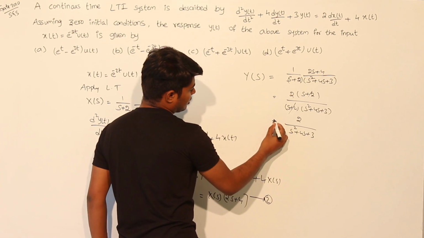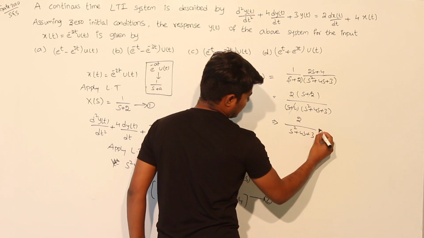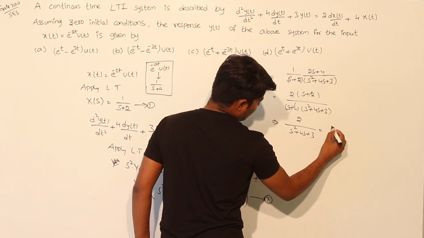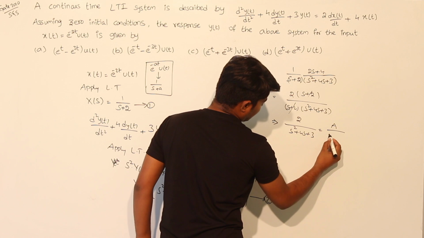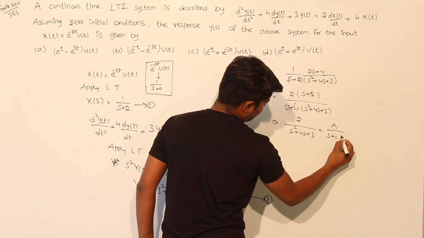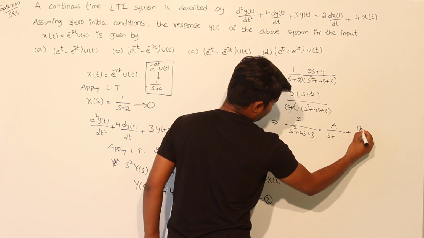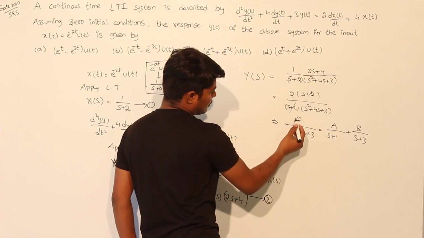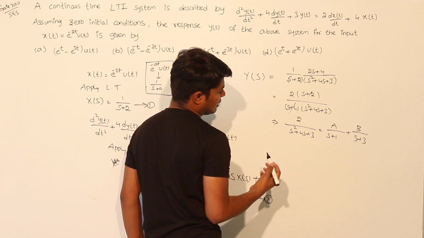This you can write in terms of partial fractions. That is equal to a by s plus 1 plus b by s plus 3. In terms of partial fractions, if you solve this you will get it in this form.